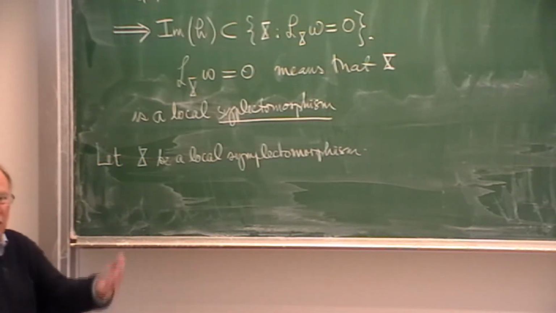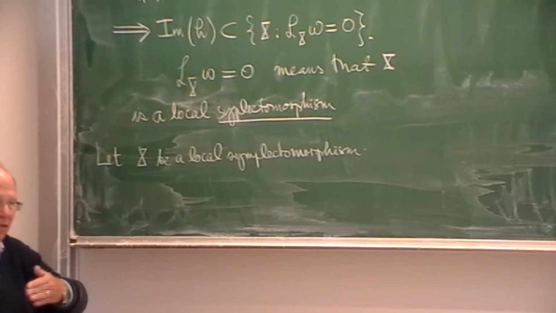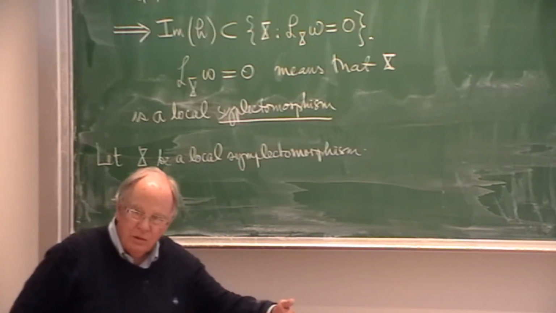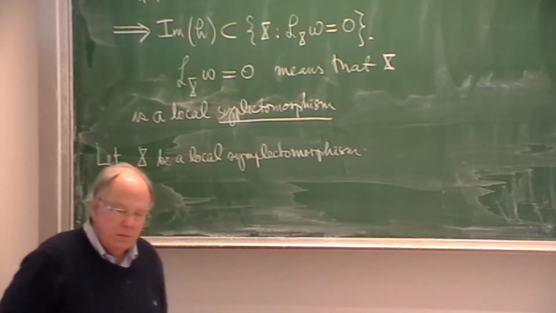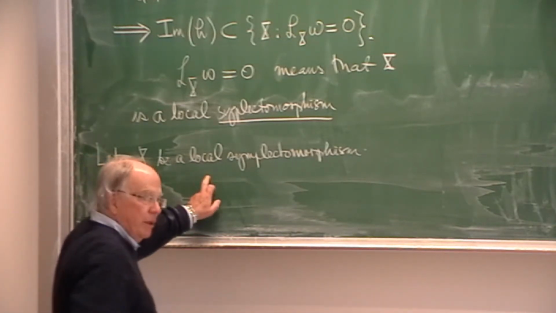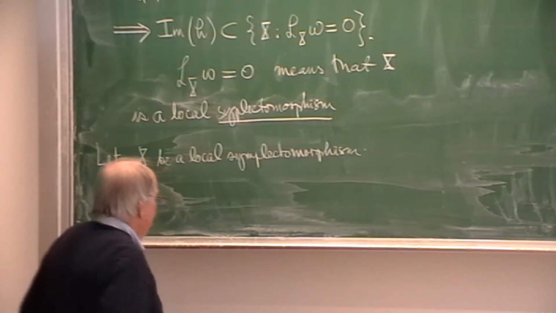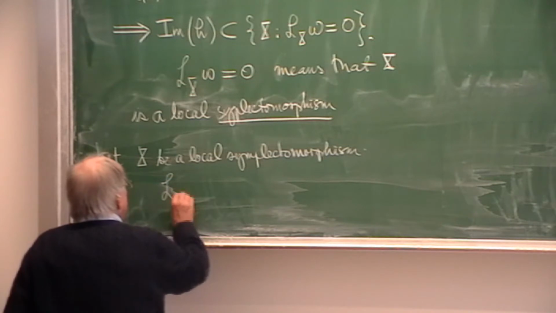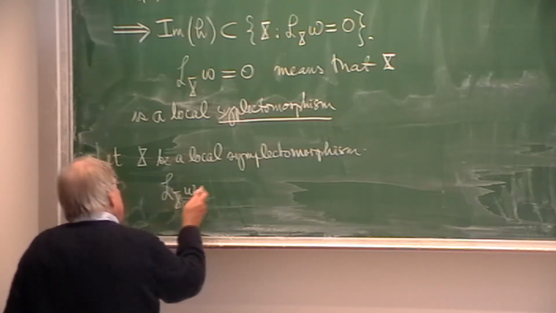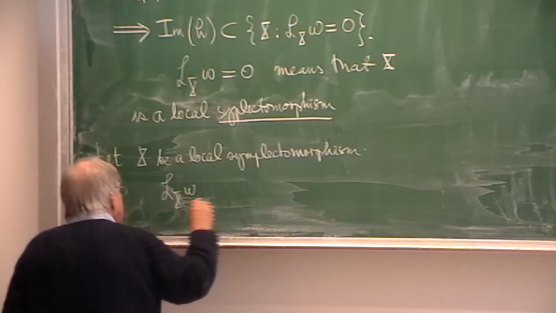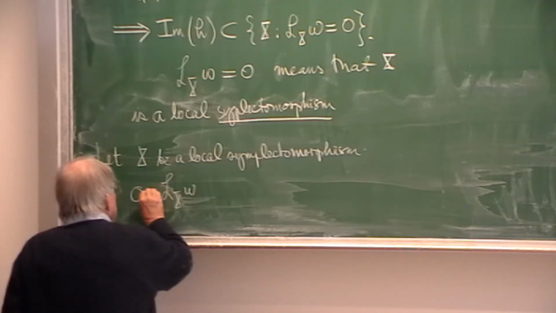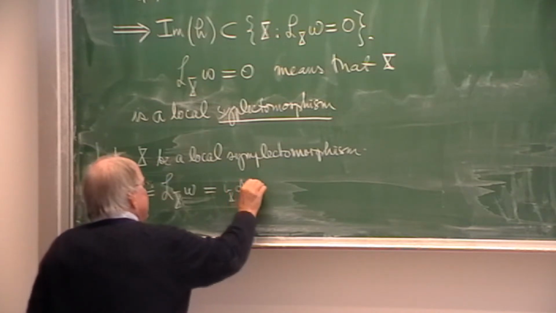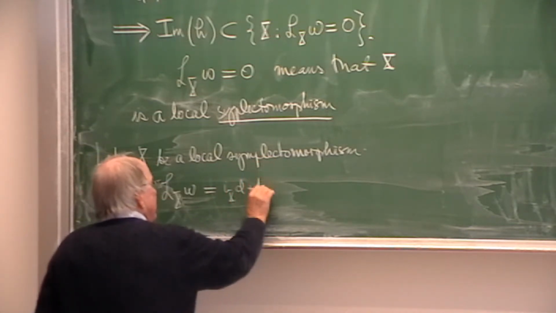Okay, I'm just going to run this thing backwards now. I said, if something is in the image, it's a local symplectomorphism. Now take something which is a local symplectomorphism. So L_X of omega, the Lie derivative, is 0. That means really it's stabilized by the one parameter group. That means contraction d plus d contraction.